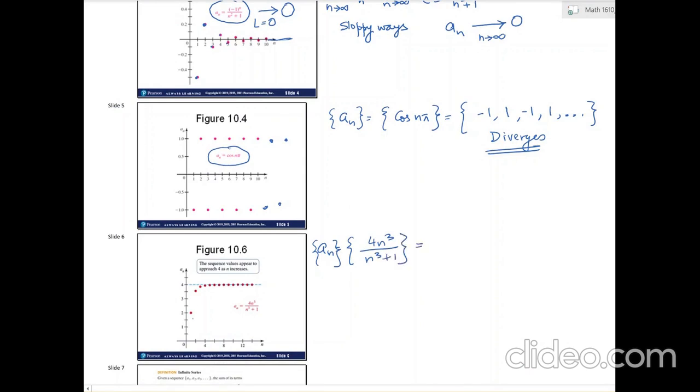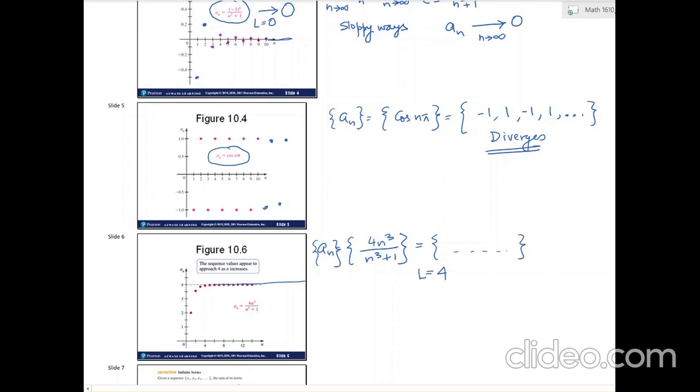Now you can clearly see from the graph that as n increases, we are approaching this line 4. So we don't really have to write down all the terms, and very soon we are going to see how we can find the limit without really graphing them. But here L is 4, as you can see graphically.